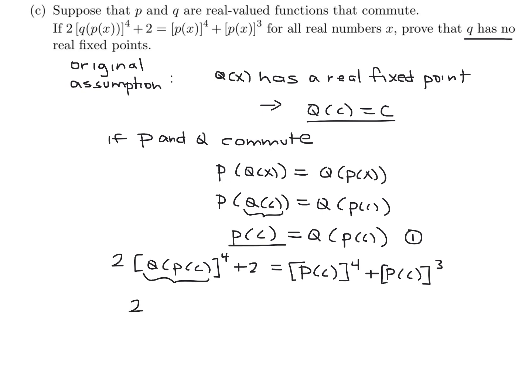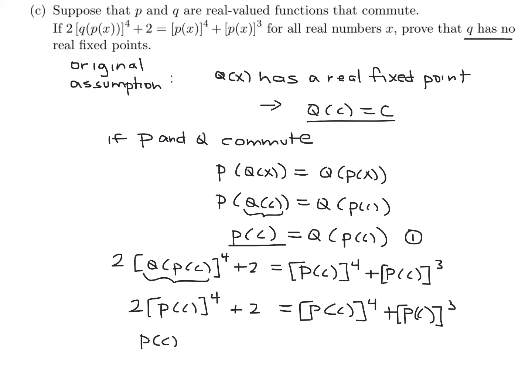So that becomes 2 times p at c to the power of 4 plus 2, and this side remains unchanged for now. Okay, let's put everything on one side, and when I do, I get p at c to the power of 4 minus p at c to the power of 3, and that equals minus 2.